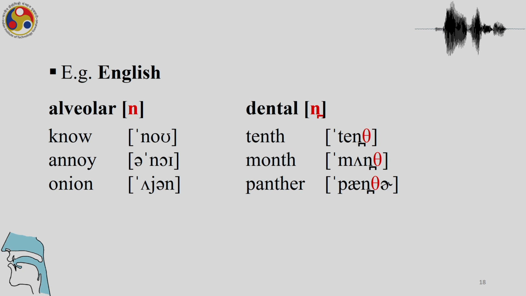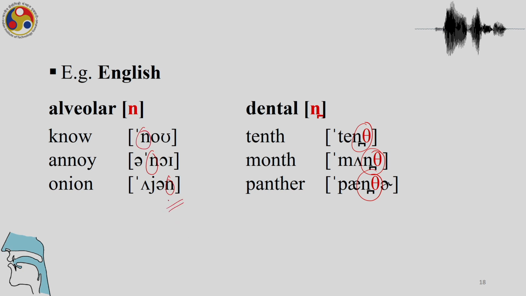no and tenth here, annoy and month, and onion and panther. So what is the context for each of these versus what is the context for each of these?